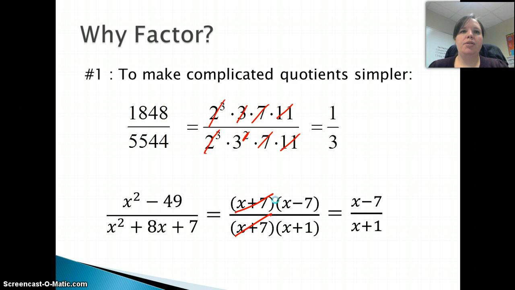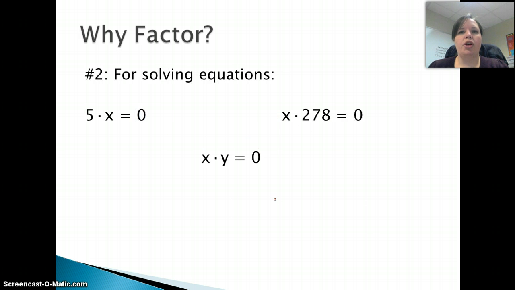What we're really going to be using factoring for is solving equations. So before we get into the polynomials, we're going to look at a rule that's going to help us solve polynomial equations, and more specifically, quadratic equations. When we talk about solving each of these equations here, we're trying to find the value of x.